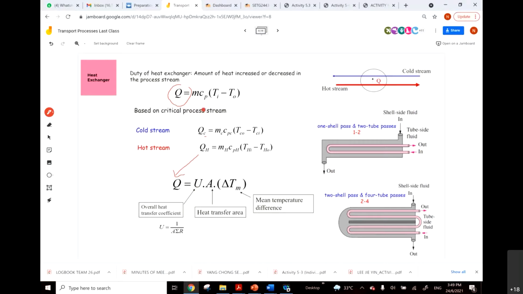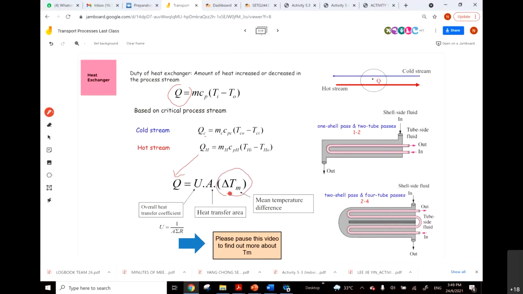So these are the three important equations that you can use to calculate the heat exchanger.